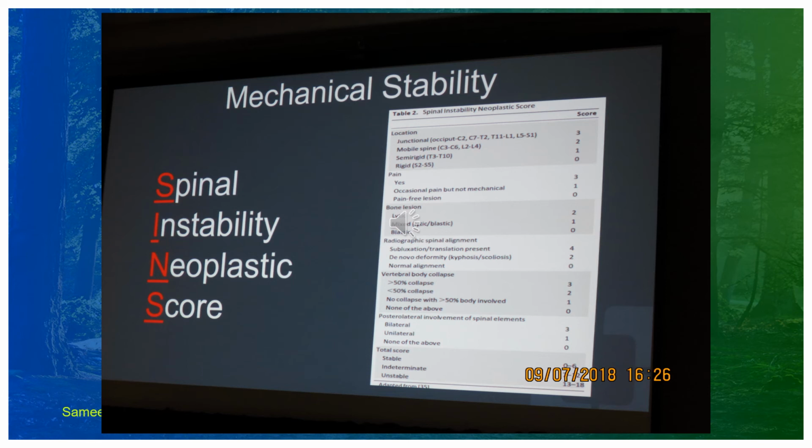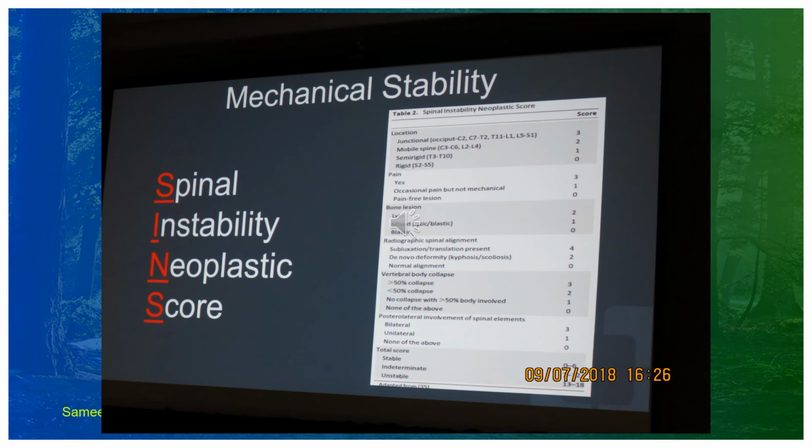This scale is called the SINS scale, Spinal Instability Neoplastic Score. It involves the location, the pain, the bone lesion, whether it's lytic or mixed or blastic, vertebral body involvement, radiographic spine alignment, and so on. And these are important regarding the assessment of the stability of the lesion.